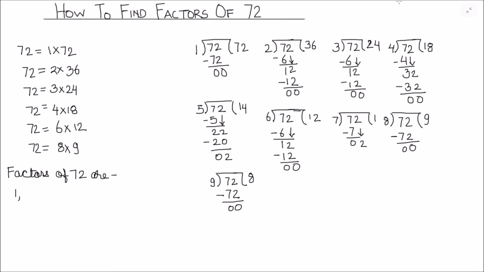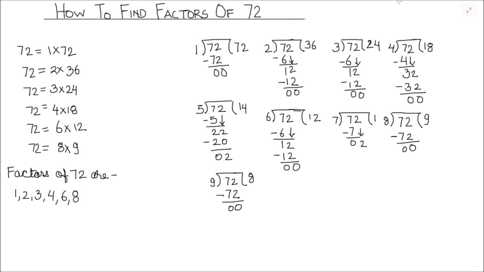For writing the factors, first we'll write the first number from each product. For example, from 1 times 72 we are going to write 1. From 2 times 36 we are going to write 2. And so on: 2, 3, 4, 6, 8.